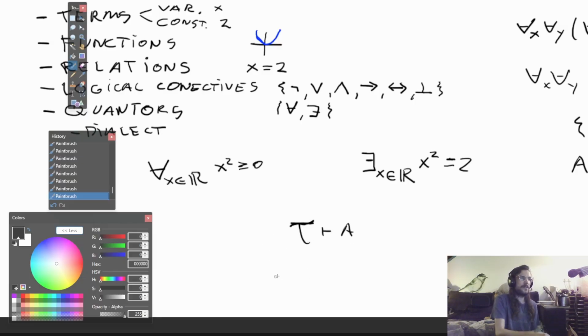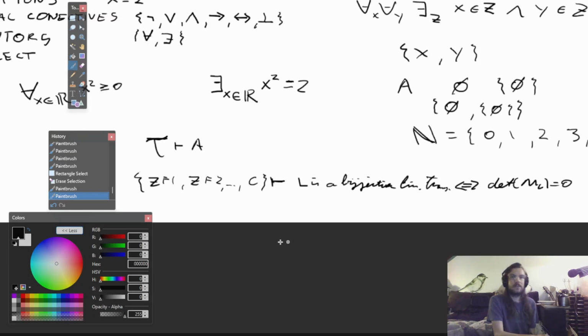If you put all the Zermelo Fraenkel axioms in here, so we have set f1, set f2, etc., and maybe the axiom of choice, then you can use this to prove, for instance, what I said last time: in linear algebra, that L is a bijective linear transformation if and only if the determinant of its matrix representation is not 0.